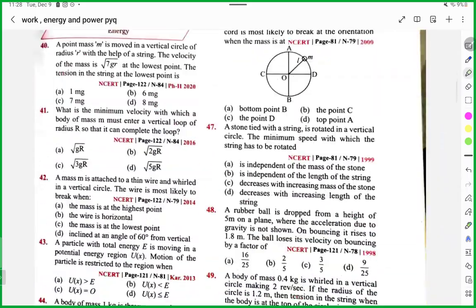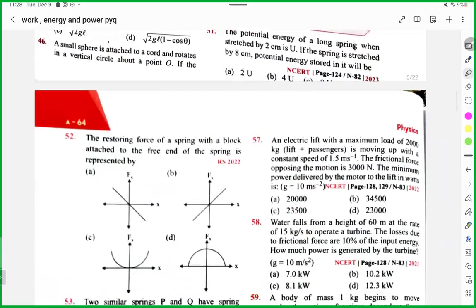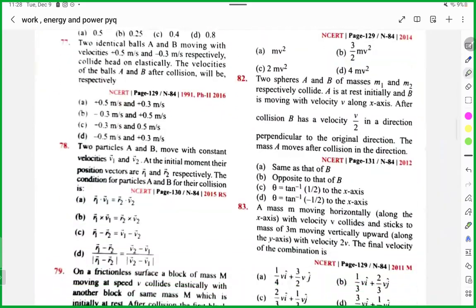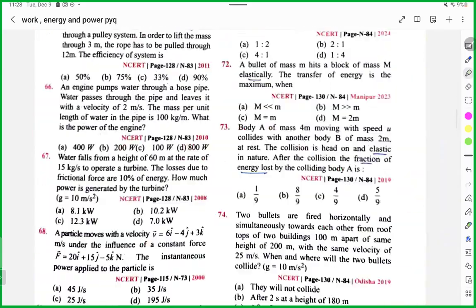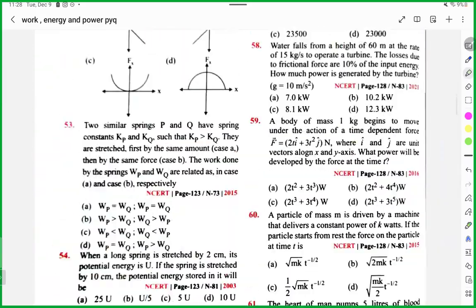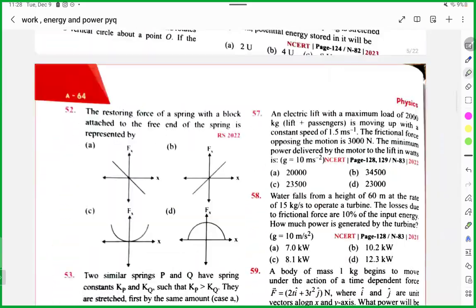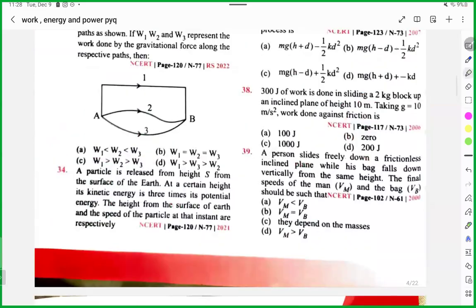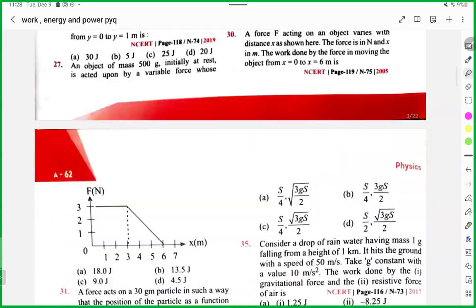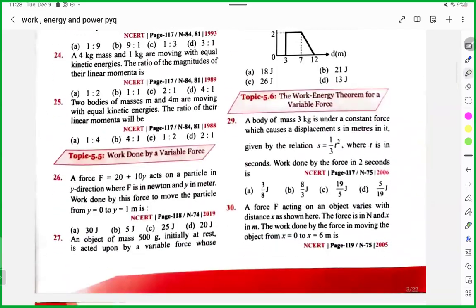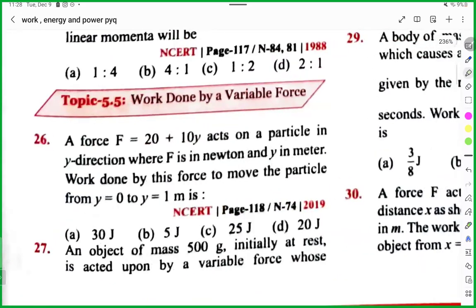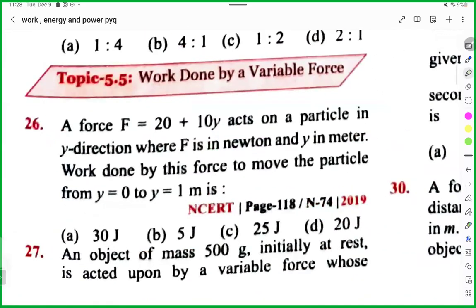Any other topic, power, collision. Collision is the most important part here, guys. Extremely important. So we will take time on the collision. Do this question. This is the last question for this session.